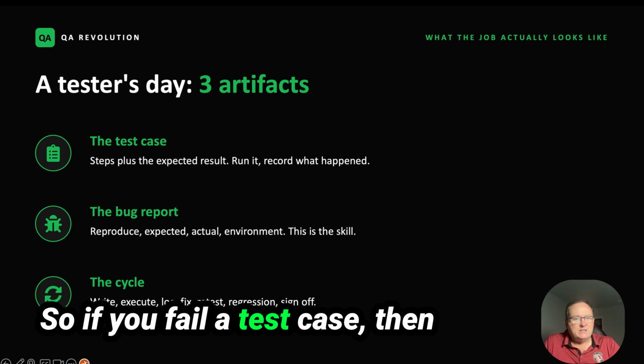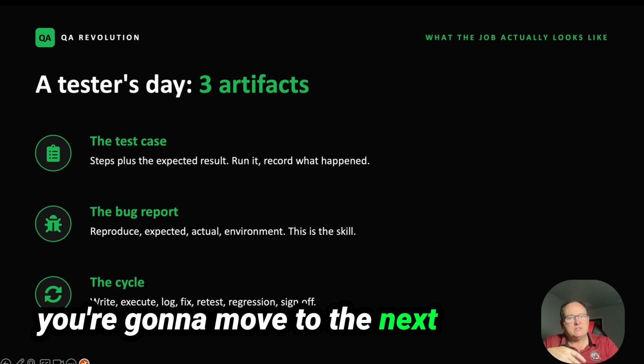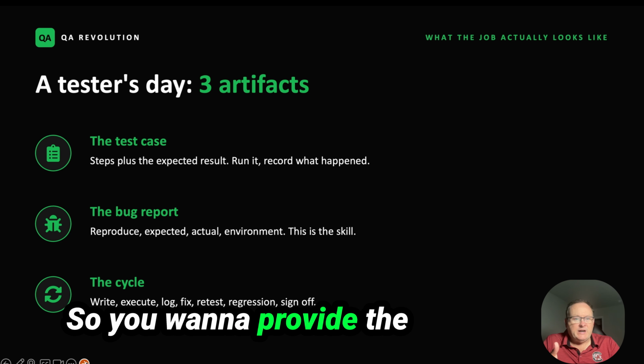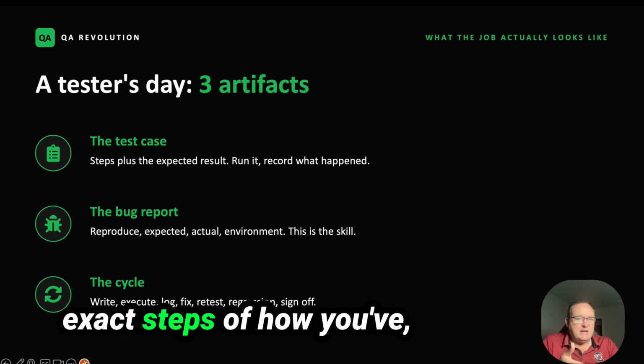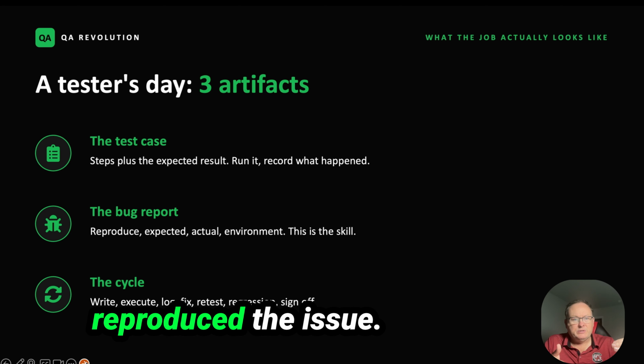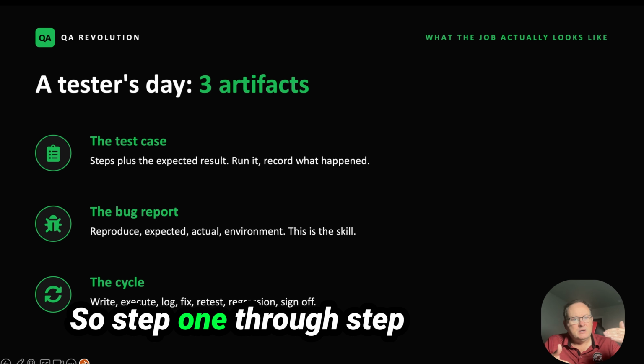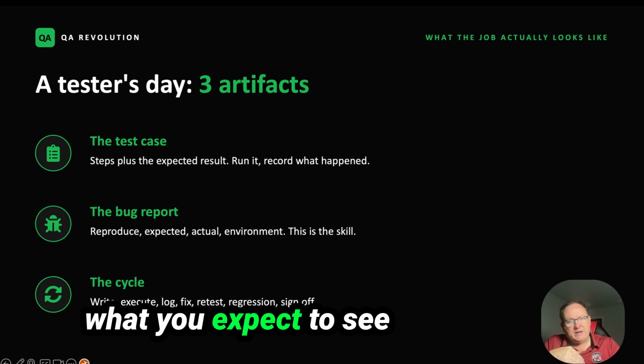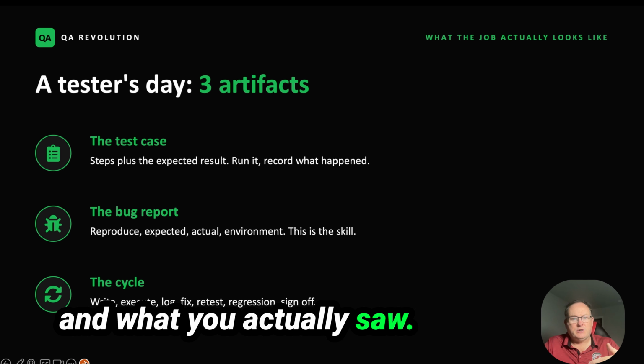So if you fail a test case, then you're going to move to the next level and you want to create a bug or a defect, for example. So you want to provide the exact steps of how you've reproduced the issue. So step 1 through step X. Then you want to provide what you expect to see and what you actually saw.